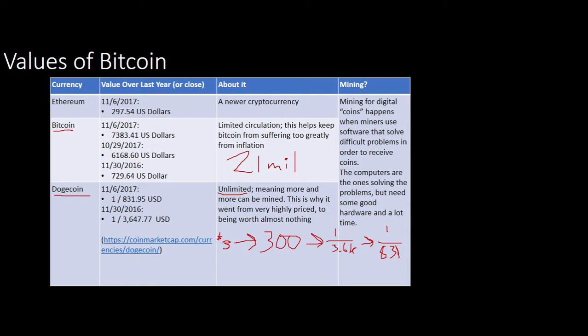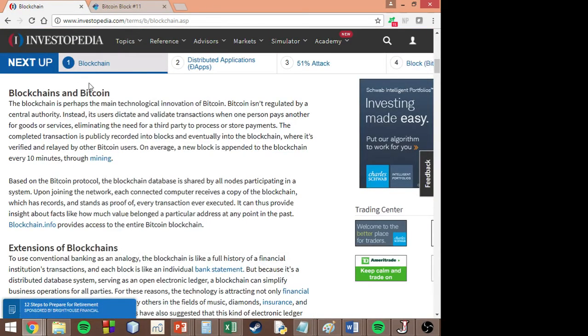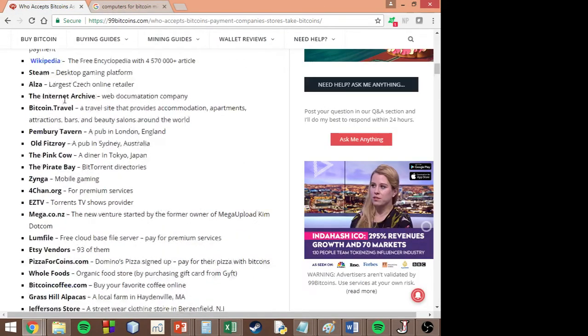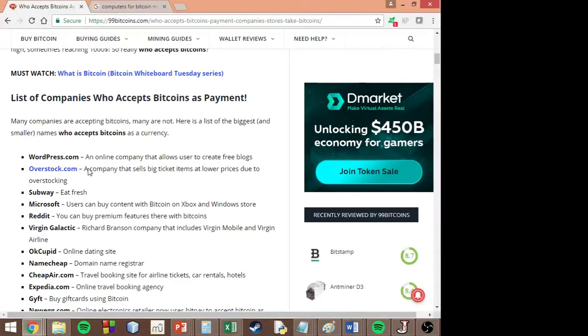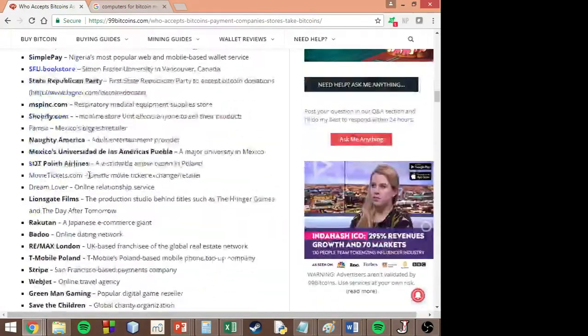I'm going to switch over to a website containing on it a big list. Sorry, that's the wrong website. This one. So this is a gigantic list. All of these sites accept Bitcoin as payment. That's a lot.